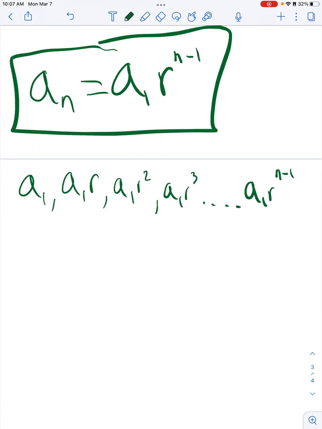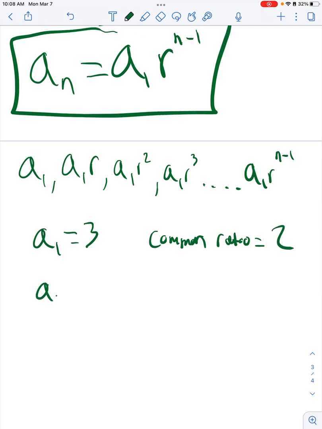Finding the terms of a geometric sequence. Say you had to write the first 5 terms of a geometric sequence whose first term is a sub 1 equals 3, and the common ratio equals 2. A sub 1 equals 3.